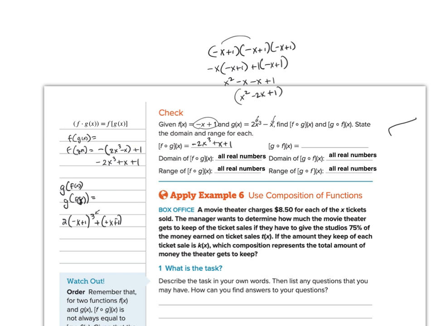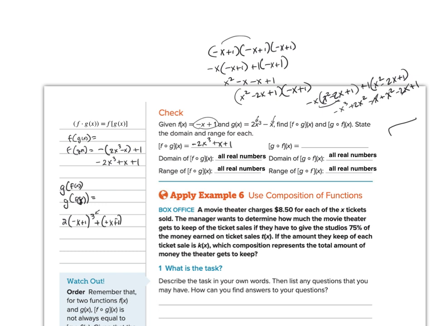And then multiplying again, times negative x plus 1, which is going to be negative x times x squared minus 2x plus 1, and then plus 1 times x squared minus 2x plus 1. Using your distributive property here, we have negative x cubed plus 2x squared minus x plus x squared minus 2x plus 1.